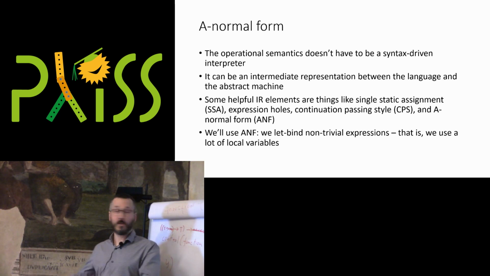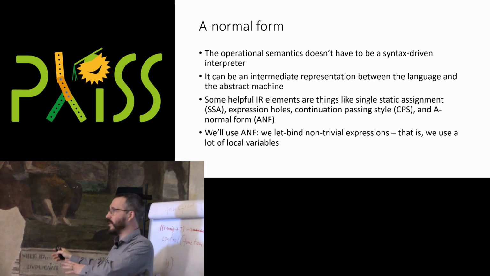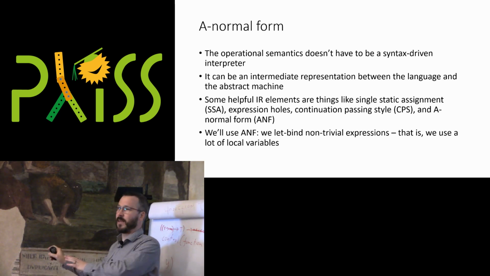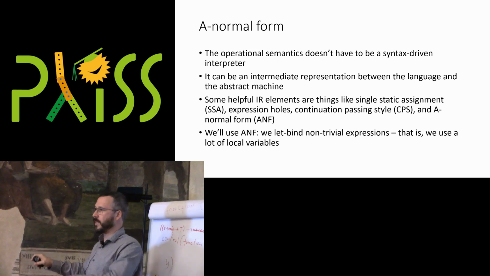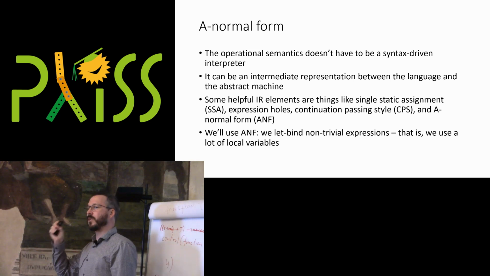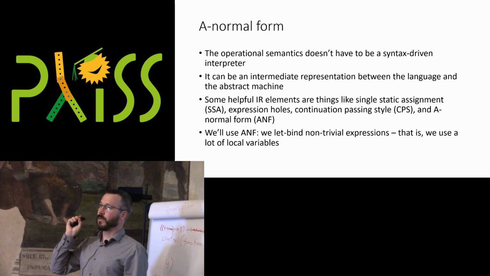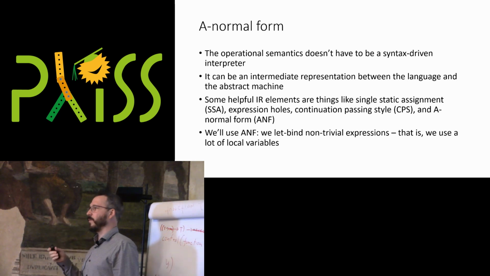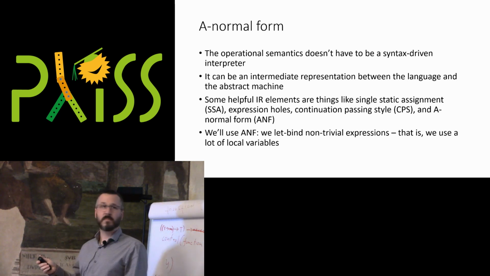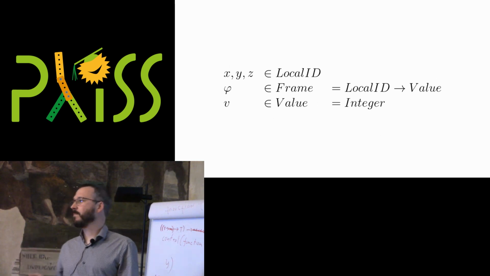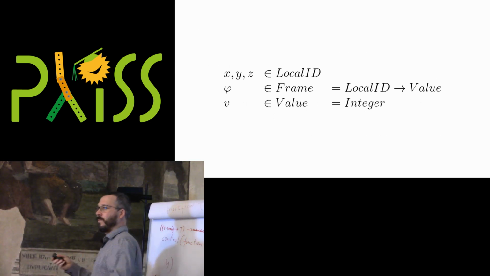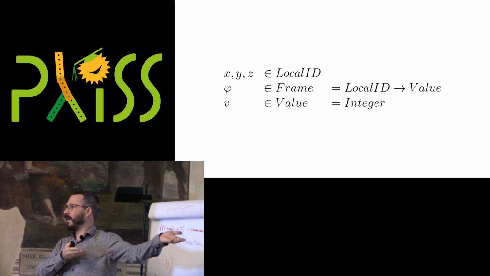Or we can say we're going to use a ton of local variables. That's for the imperative side of the universe. It's the same thing. Essentially, anything non-trivial has to be bound to a name, such that when you want the result of the non-trivial expression, you use the name of the result. Names like X.